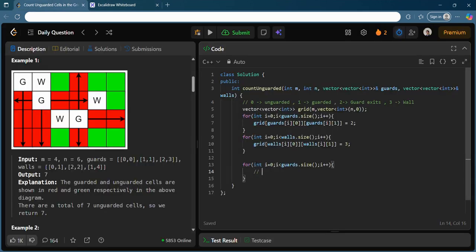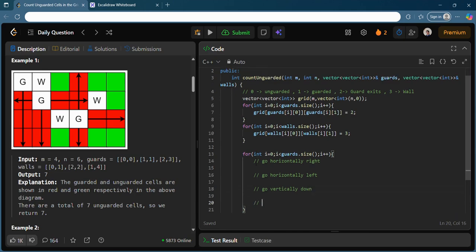Let's say I will go horizontally right at first, and then go horizontally left, and in the vertical direction also I will try to go. So go vertically up, vertically down, right? And these are 4 directions which I will try to iterate.